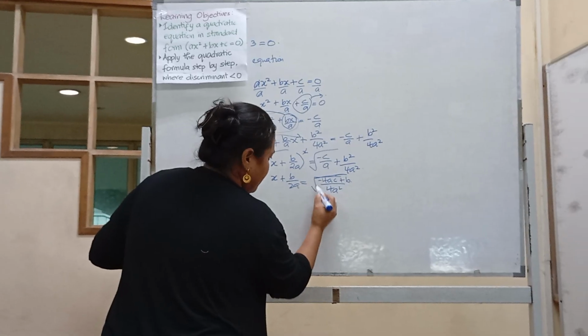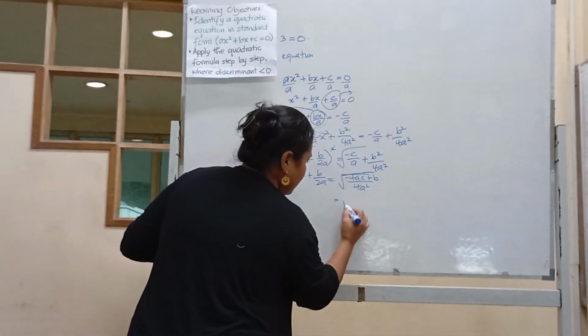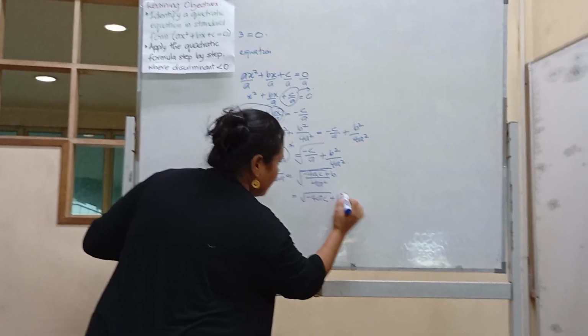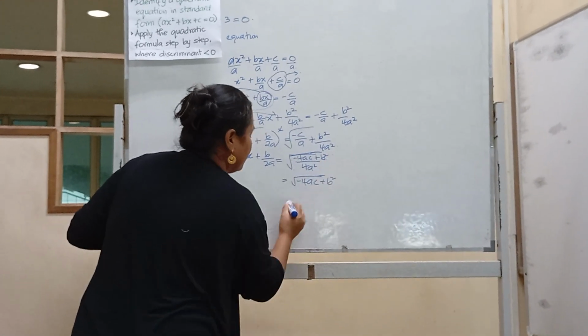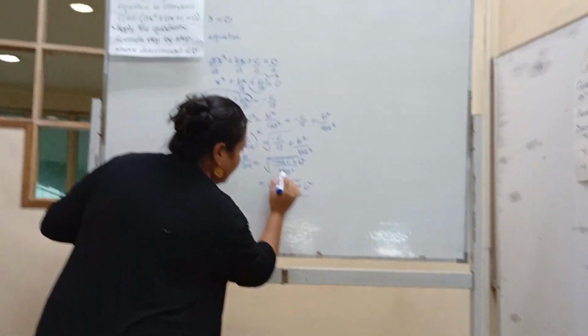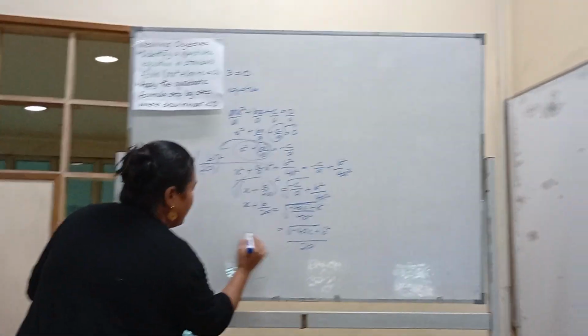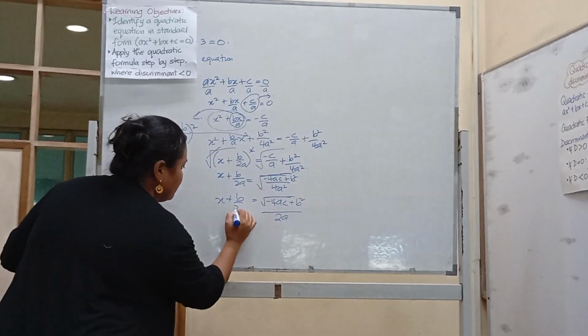If we square root the numerator, it is b squared minus 4ac. Over, if we square root 4a squared, it's 2a. x plus b over 2a.